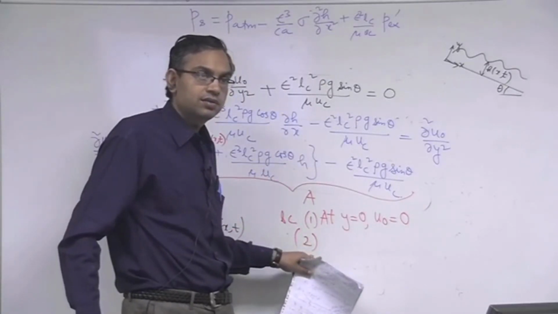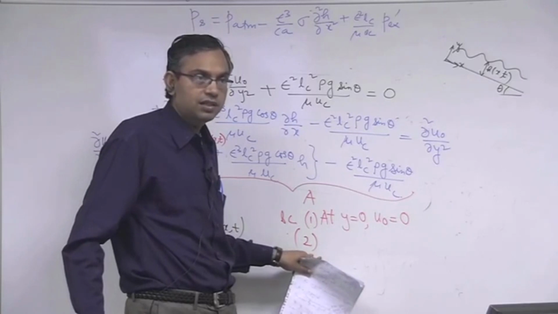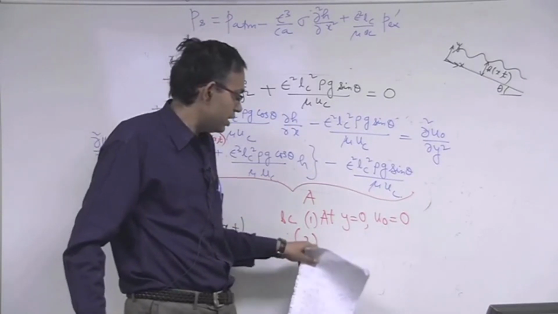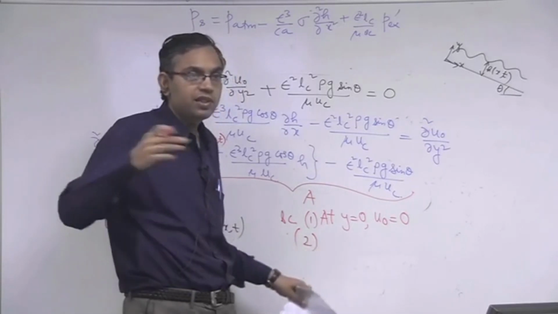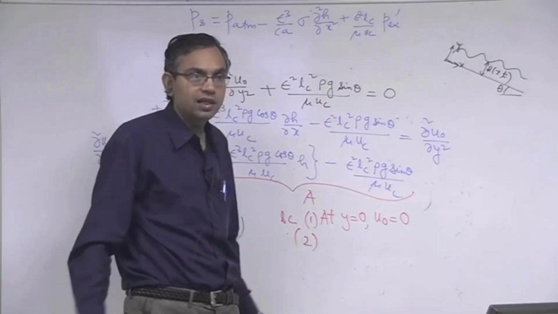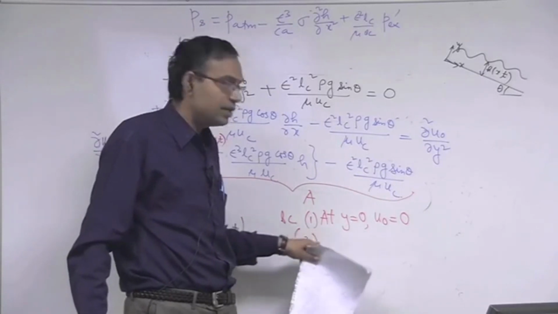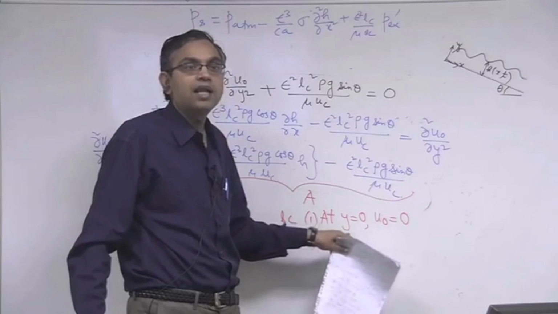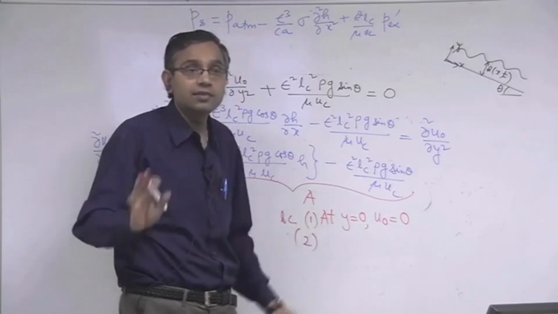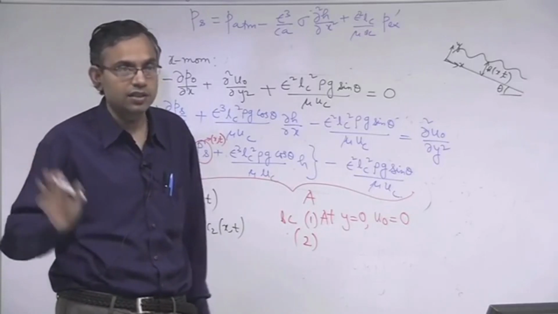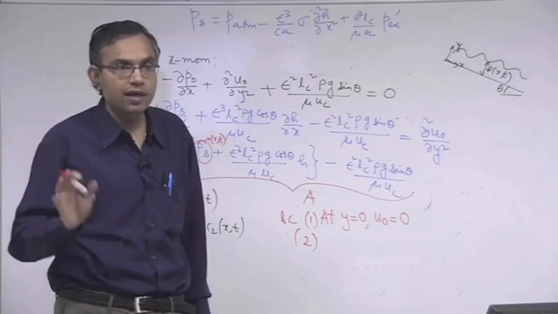What is the physical condition? Not no shear, I mean there could be shear because of surface tension gradient. So, the tangential stress balance or tangential force balance, better to say, not stress balance is not a correct term, you cannot balance stresses.